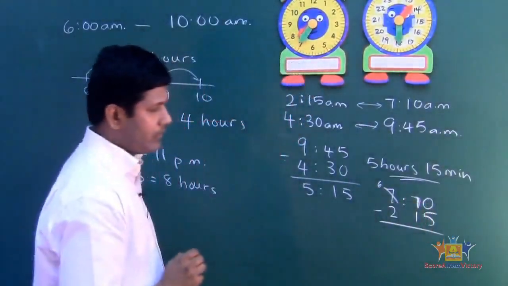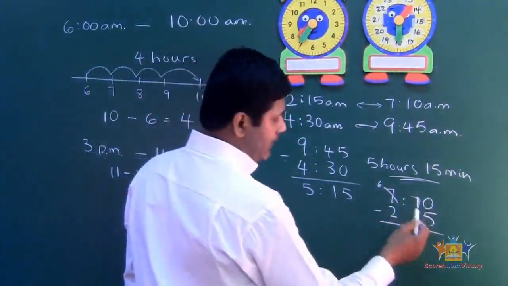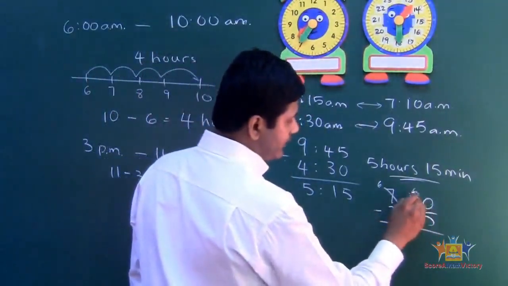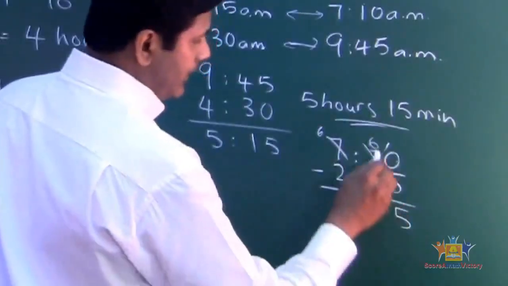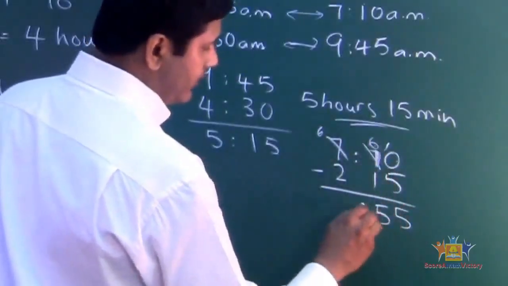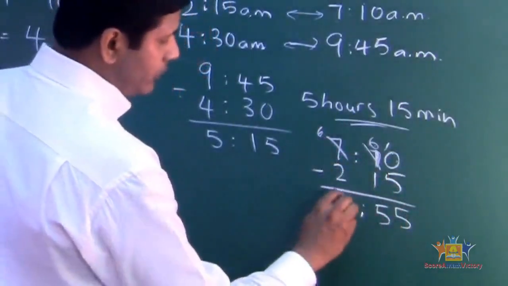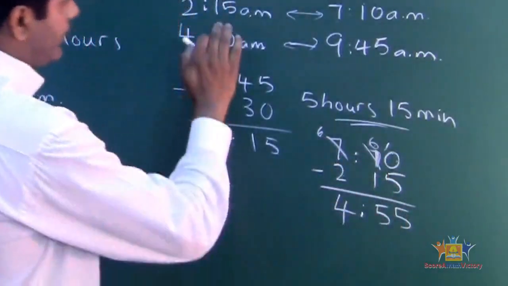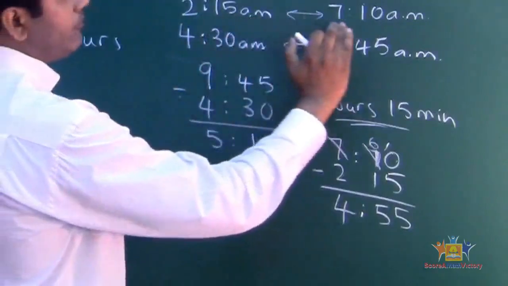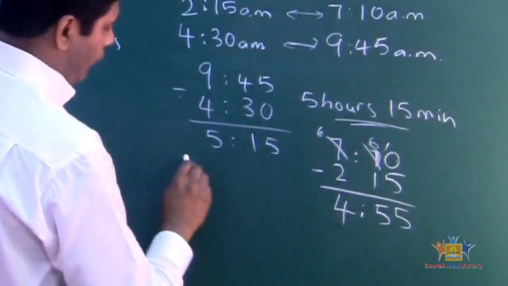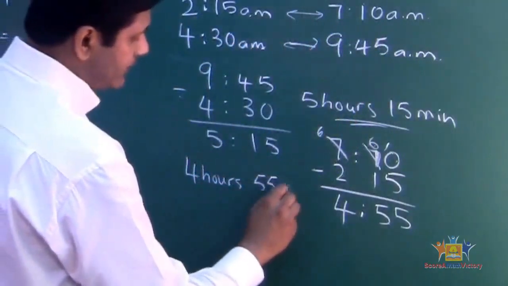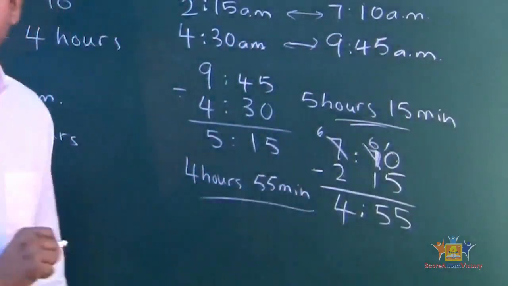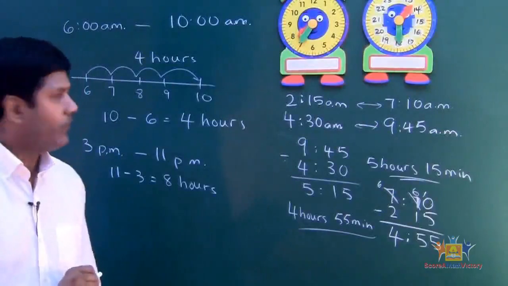Now 0 minus 5, I cannot, so I borrow from 7, which becomes 6. 0 becomes 10. 10 minus 5 is 5. 6 minus 1 is 5. 6 minus 2 is 4. So the interval from 2:15 AM to 7:10 AM is 4 hours 55 minutes. Very straightforward, isn't it?